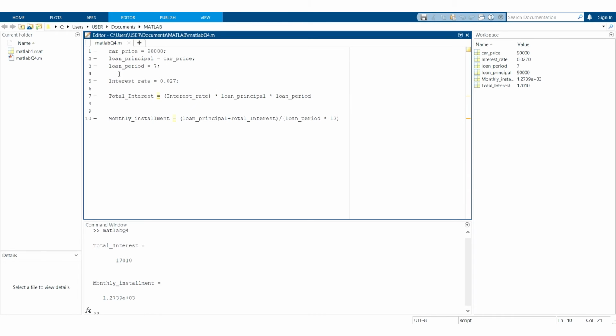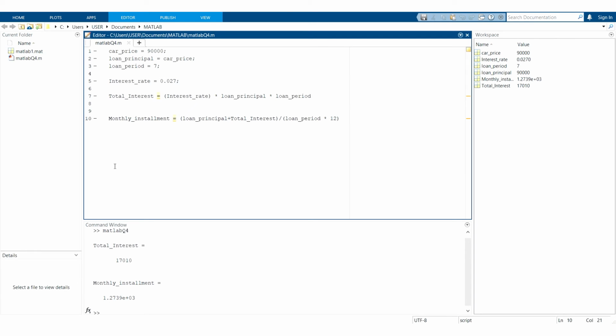The loan period is 7 years and the interest rate is 0.027 for 2.7%. To calculate the total interest, it is the rate times loan principal times loan period. And the monthly installment is loan principal plus total interest, over loan period times 12. So 7 years times 12 means 12 months per year.